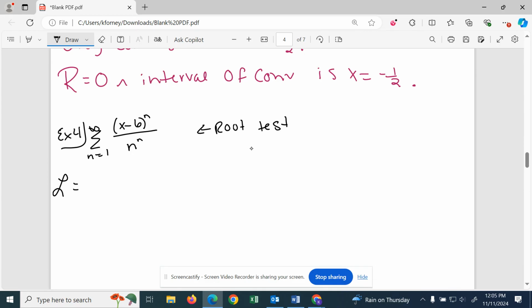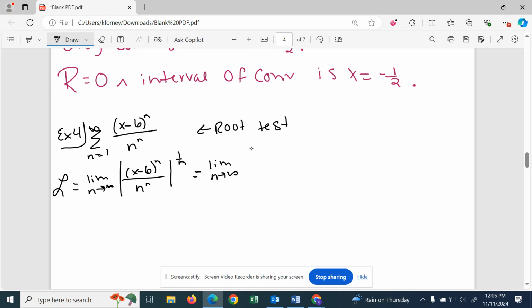So with the root test, we still look at the L for our limit, but in this case, we're going to have x minus 6 to the nth over n to the nth, raised to the 1/n. And really, I think this is the best test because both our numerator and denominator are to the nth power. So when we use the root test, we can slide that 1 over n and do some canceling.